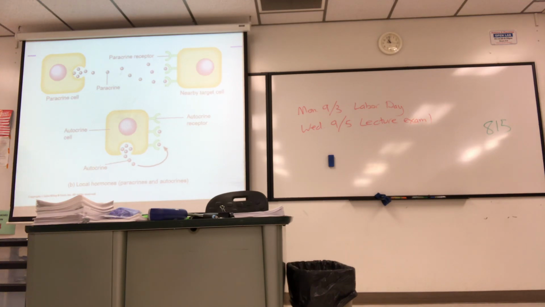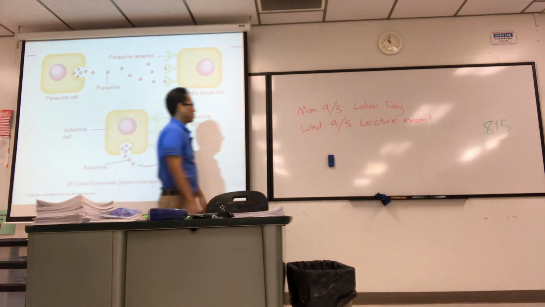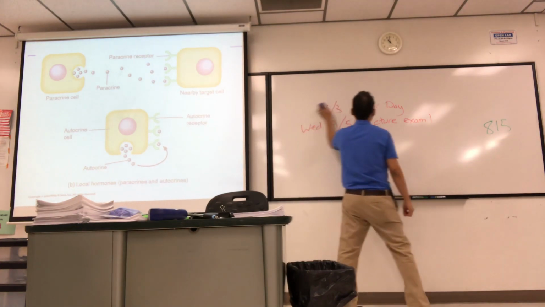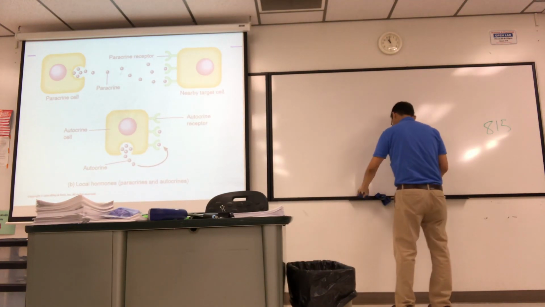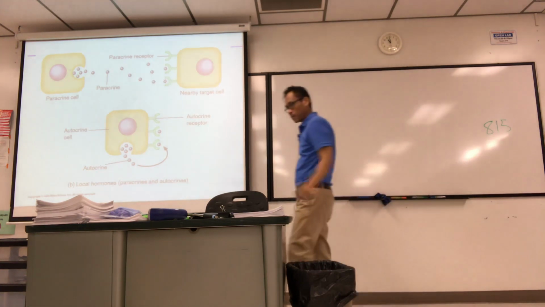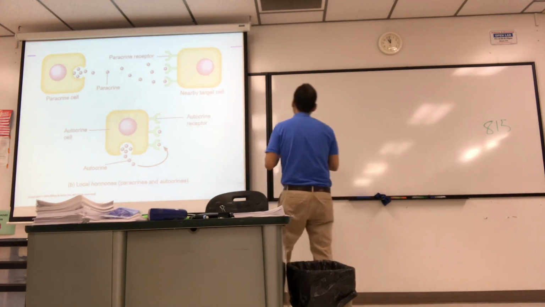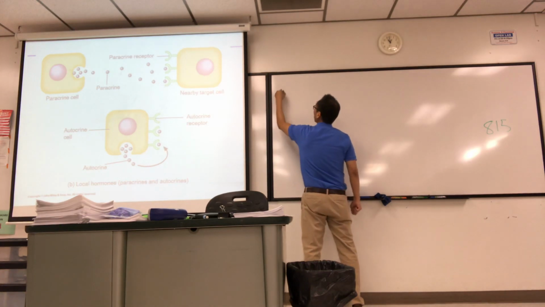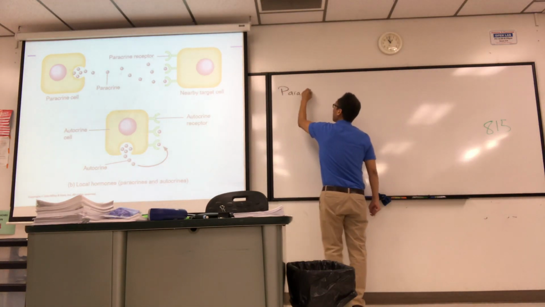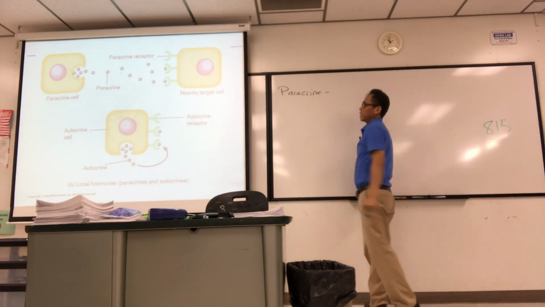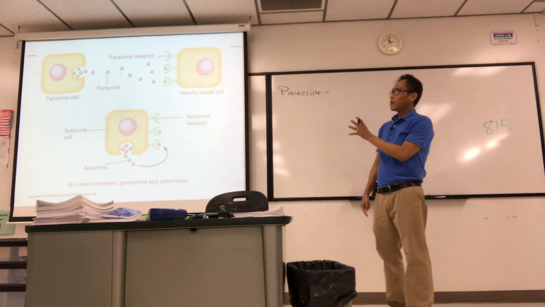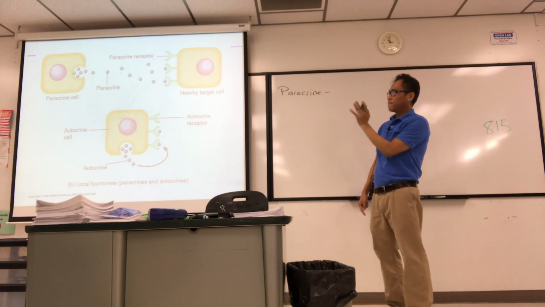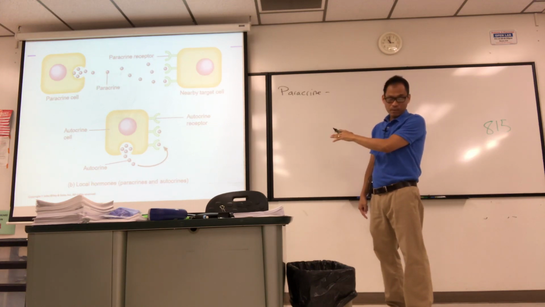Here's an example. This top one is called a paracrine response. It's another form of cell-to-cell communication where it's a localized response. One cell is just secreting something that affects a nearby target cell.